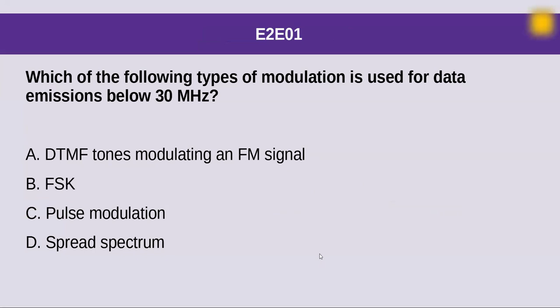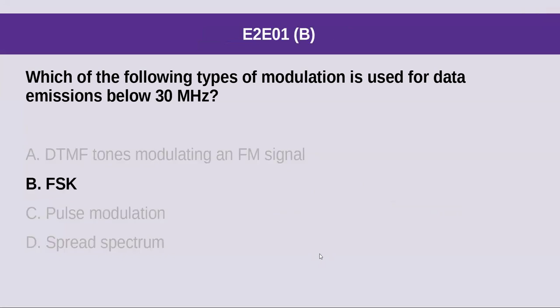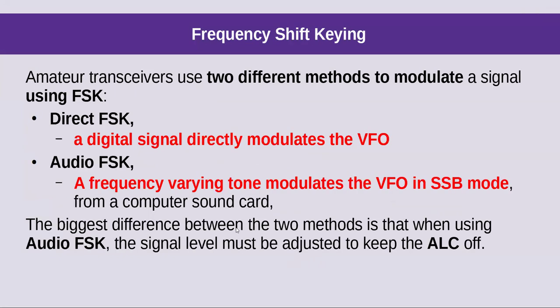Which of the following types of modulation is used for data emissions below 30 megahertz? Direct frequency shift keying is where you're actually sending a digital signal to change the frequency of your VFO.